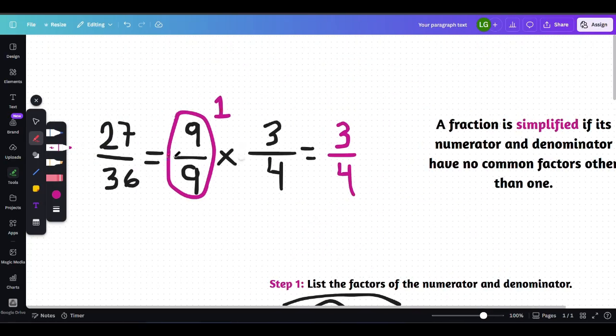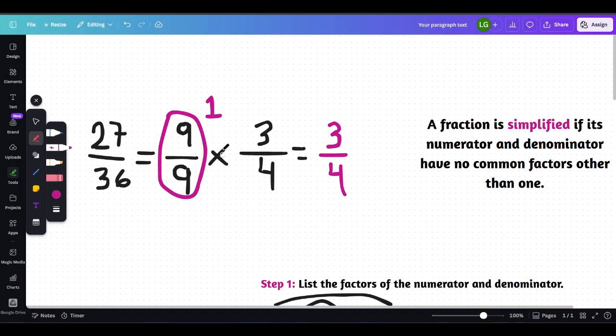Now, when you have the greatest common factor, you write the fraction 9 over 9, and all you have to do is find these two numbers. That's going to give you the simplest form of the fraction.